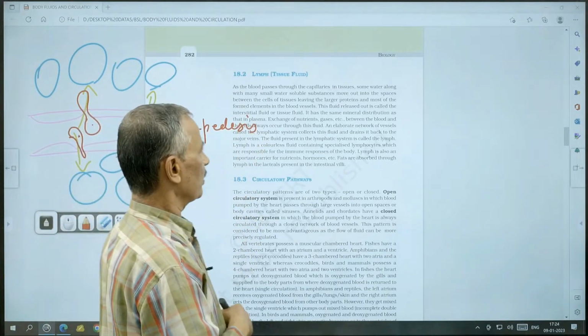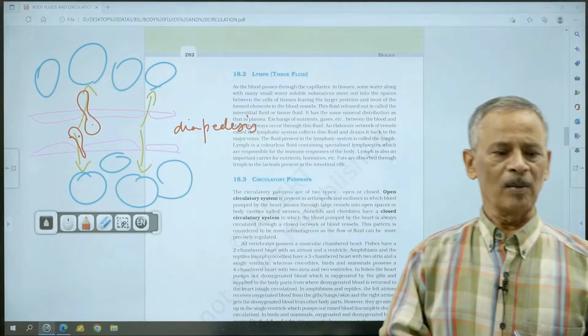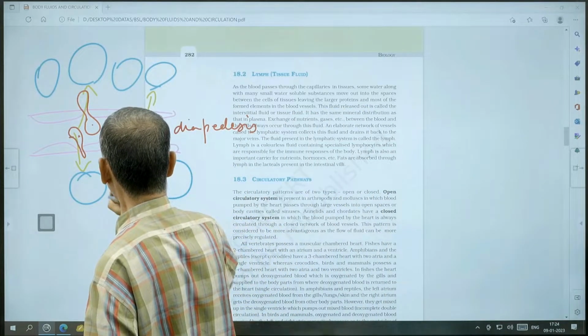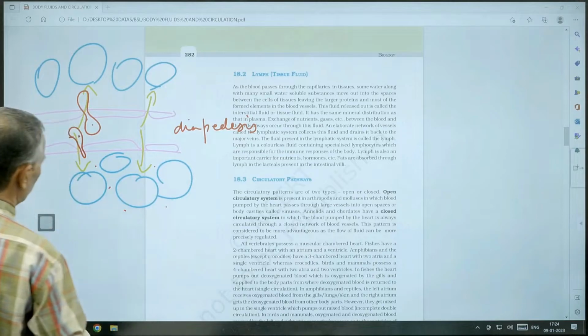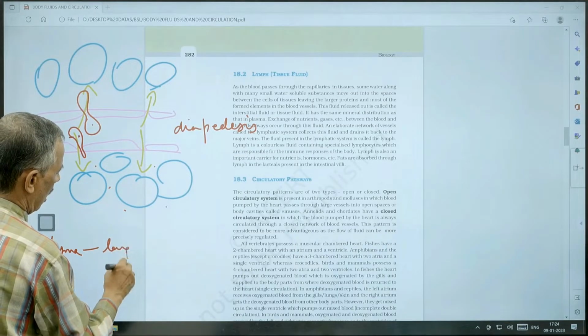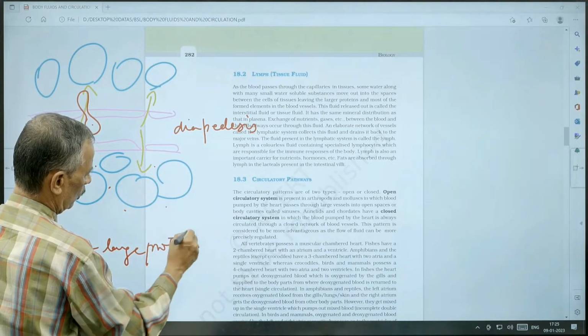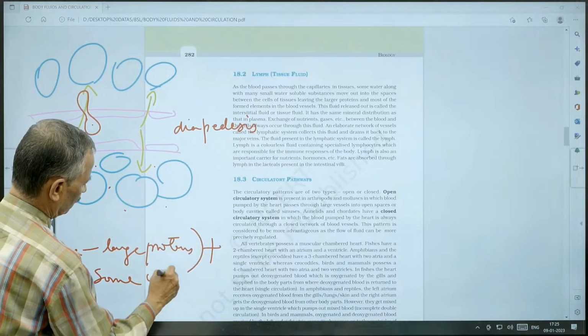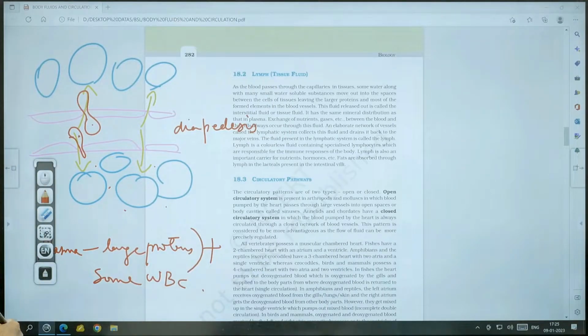So by diapedesis, some WBCs also come to the intercellular space. So this intercellular fluid is actually plasma minus large proteins, plus some WBCs. Only some WBCs come. Why? Not all WBCs have the ability to change their shape and come by diapedesis. So only some of them will be coming.